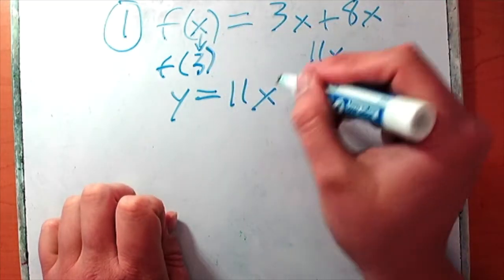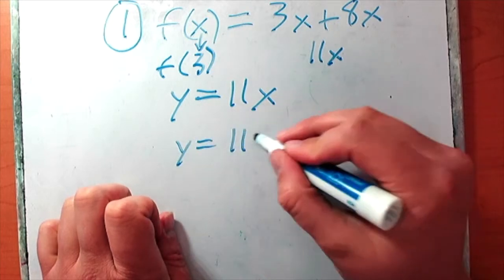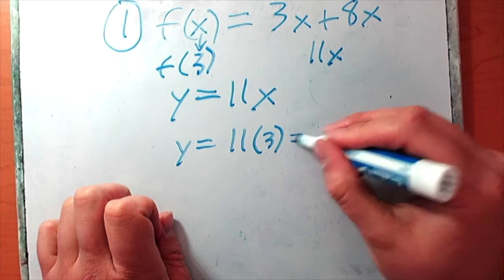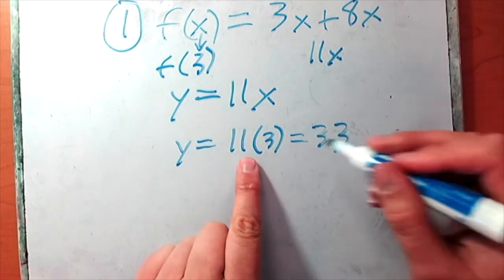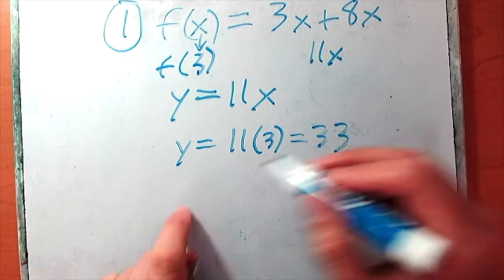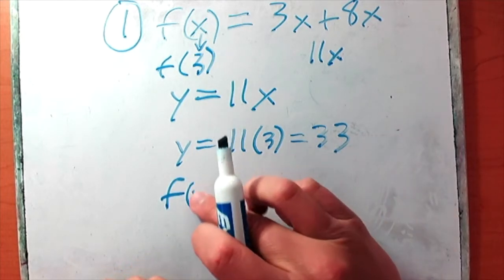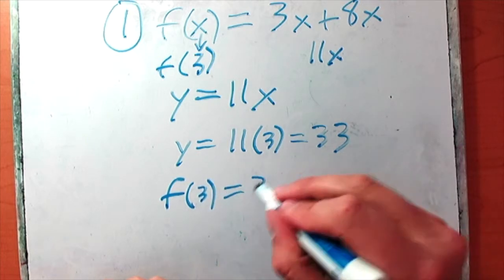So what do we do? Well, anywhere there's an x, if I have y equals 11 times 3, then I got 33 here. So 3 times 11 is 33, y equals 33, or I can also say that f of 3 in this case is 33.